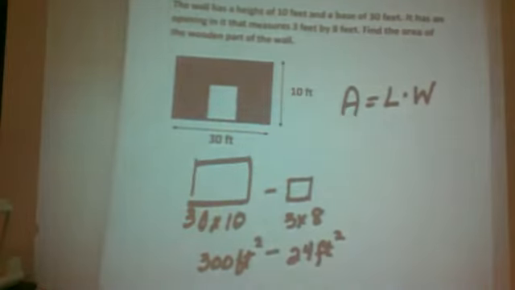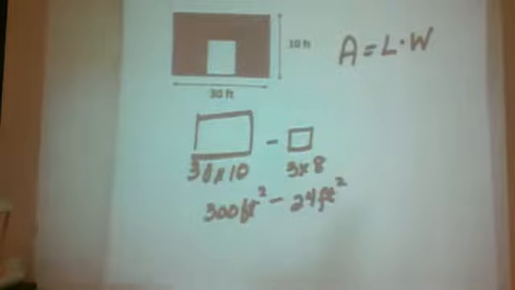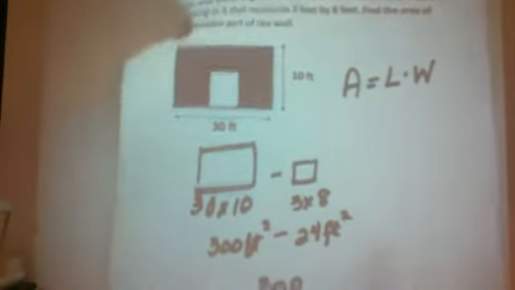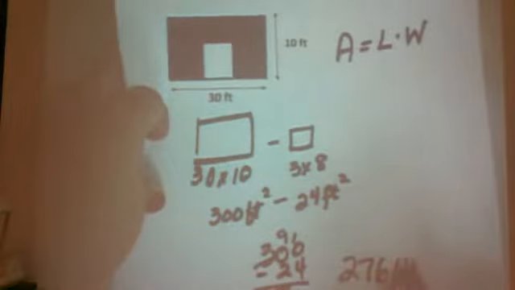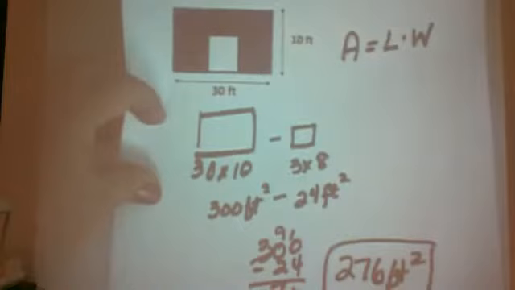And so then to find the area of the wooden part of the wall, all you'd have to do is subtract. So 300 minus 24, oops, my papers. So 276 square feet is how much wood you would have to cover this wall.